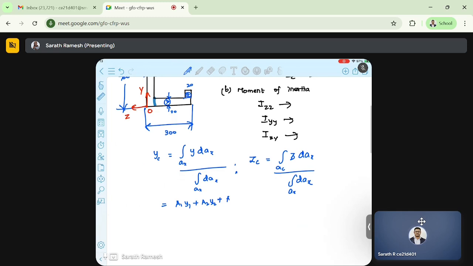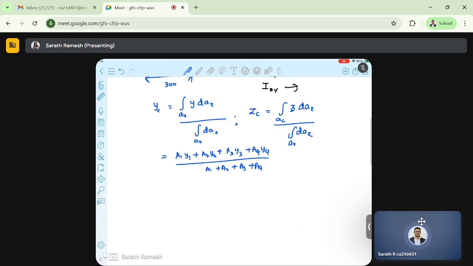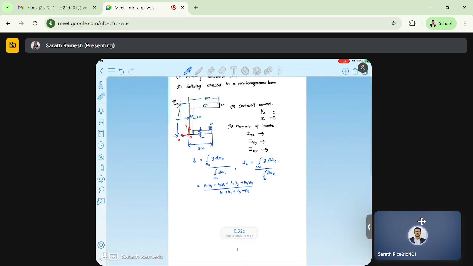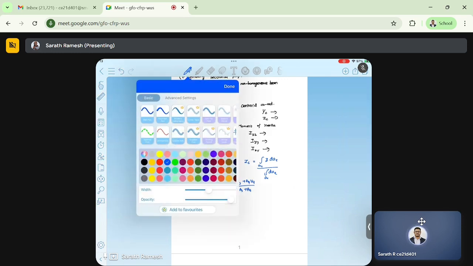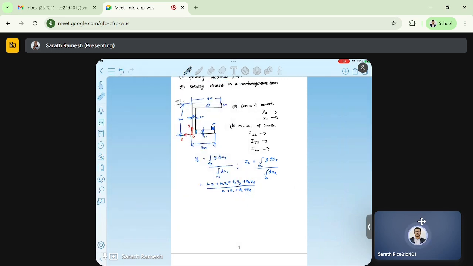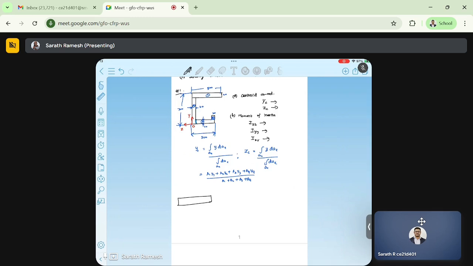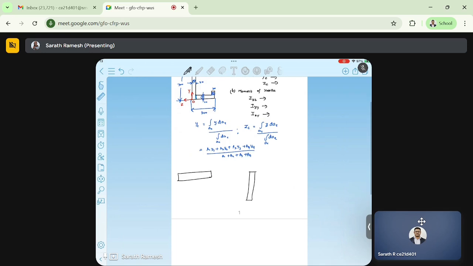So A3 y3 plus A4 y4 divided by A1 plus A2 plus A3 plus A4. Now individually, let's quickly write what the sections and their properties are. This is section 1, this is section 2, and there is a section 3.